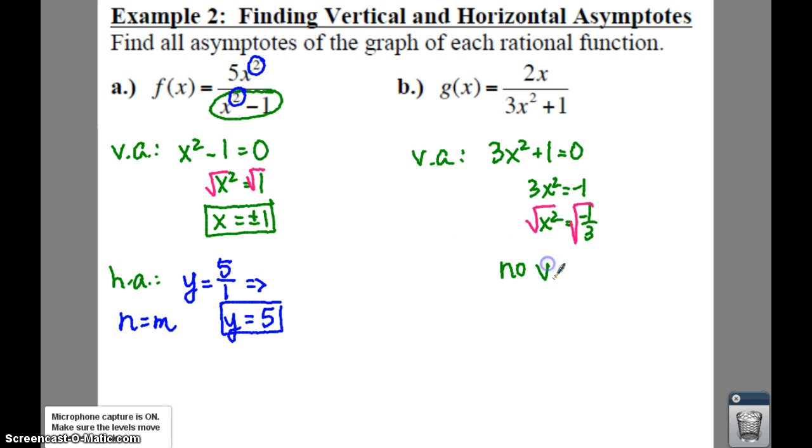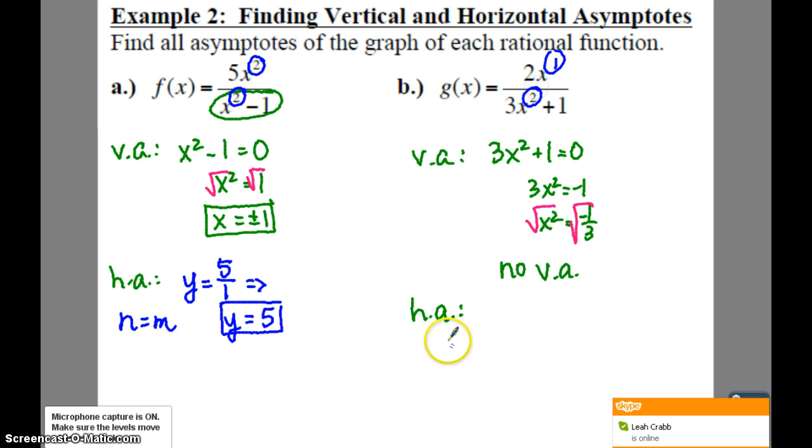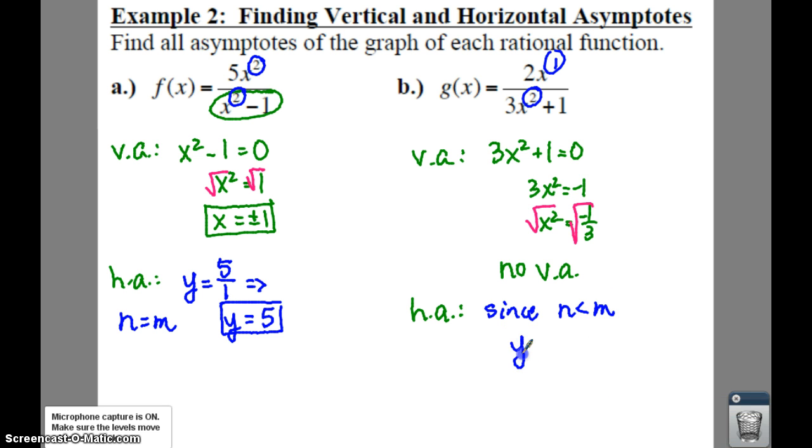No VA for short. Your horizontal asymptote, you might actually have one of these. So you look at your degrees. You have a degree of 1 here, you have a degree of 2 here. So since the degree on top is less than the degree on bottom, your horizontal asymptote is going to be y equals 0. So that is the easiest way to find your asymptotes.